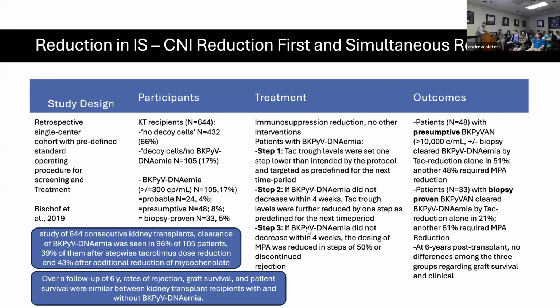Patients with more disease burden, the presumptive group, cleared DNAemia by TAC reduction alone in 51%, and then another 48% needed to hit that third step and reduce the anti-metabolite. And then finally, with the patients that had biopsy-proven BK virus disease, the percentage that cleared with TAC reduction alone was only 21%, and another 61% required anti-metabolite reduction.